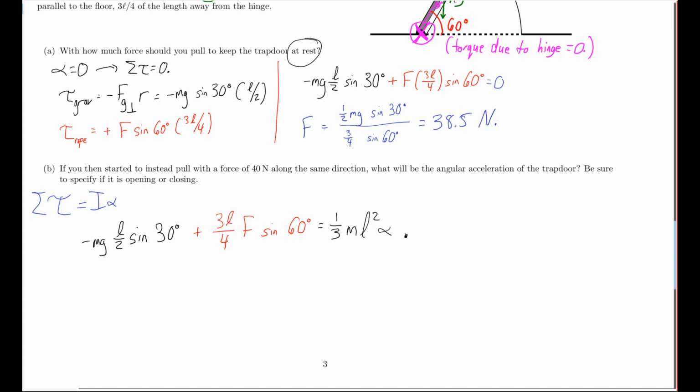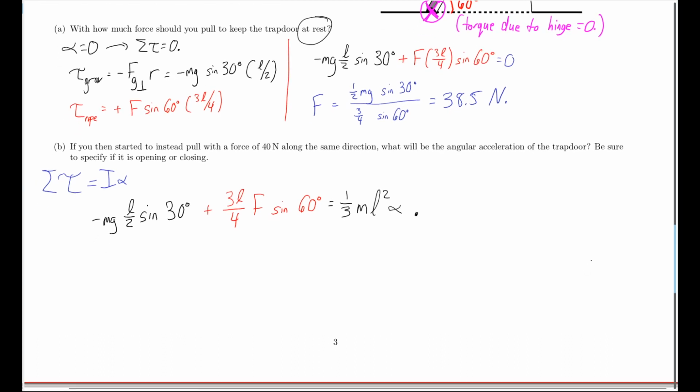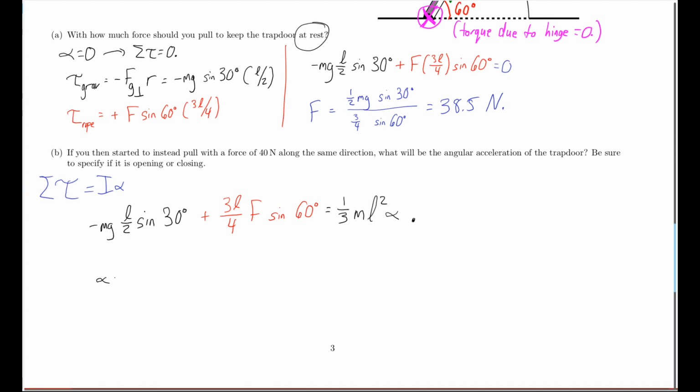So that means that I need to get alpha by itself, I need to divide through by m, multiply by 3, and divide by L squared. So doing that arithmetic, alpha equals, so I'm just going to keep everything in one big fraction, minus mg times 1/2 sine 30 degrees.